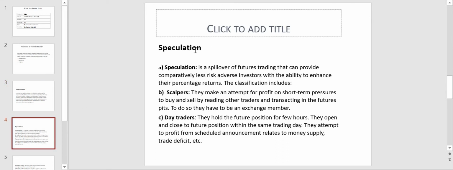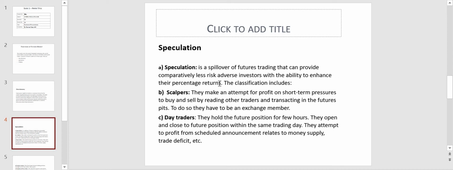Then the second function is speculation. Speculation is a spillover of future trading that can provide comparatively less risk averse investors with the ability to enhance their percentage returns. See, future is uncertain, and with a little bit of speculation itself, futures contract will be undertaken.